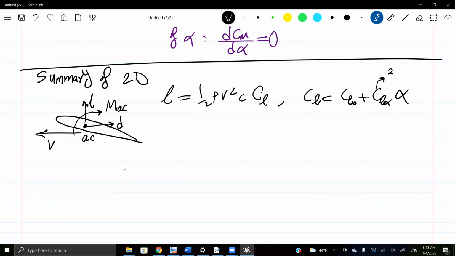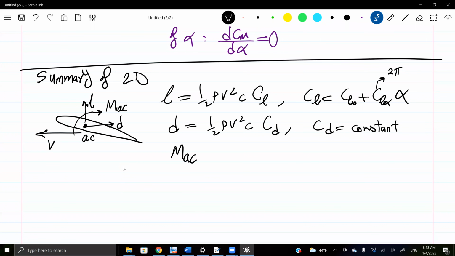This slope is close to 2 pi. Drag is 1/2 rho V squared times chord times CD. CD is simply a constant tabulated for every airfoil.